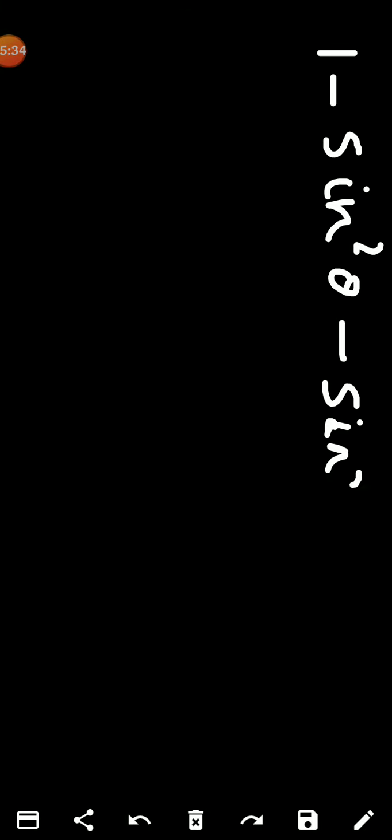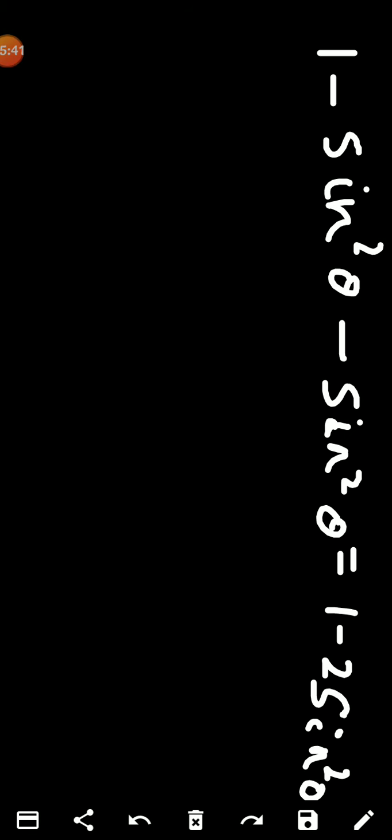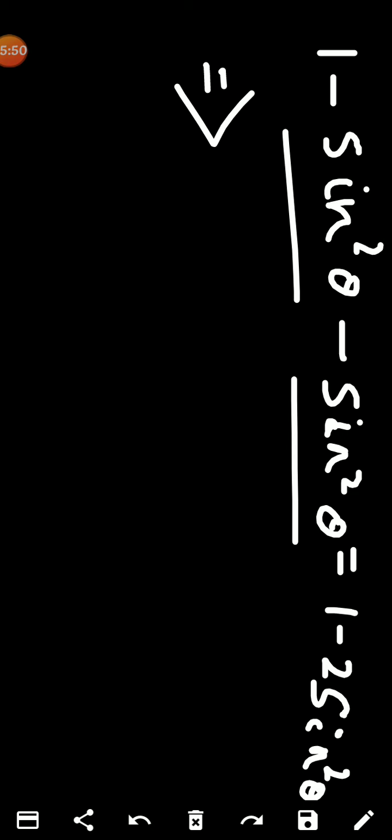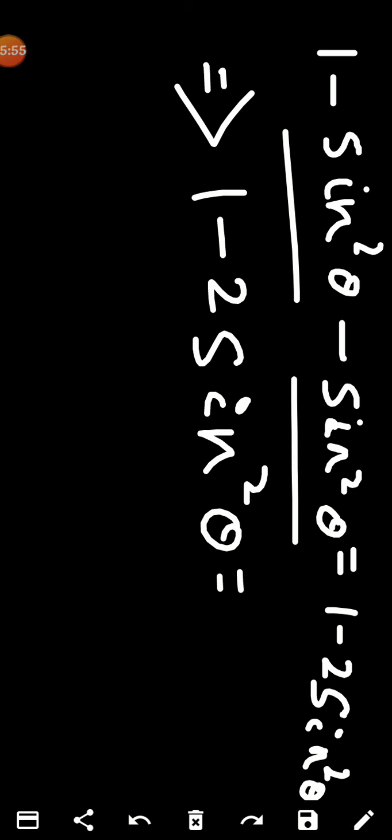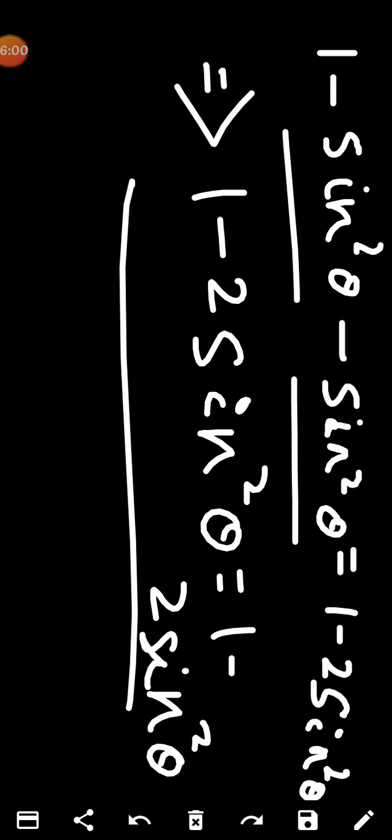So therefore we get 1 minus sine square theta minus sine square theta is equal to 1 minus 2 sine square theta. Okay, so now as there are two minus sine square theta, we can combine them. So we get 1 minus 2 sine square theta is equal to 1 minus 2 sine square theta. So thus this is also proved.